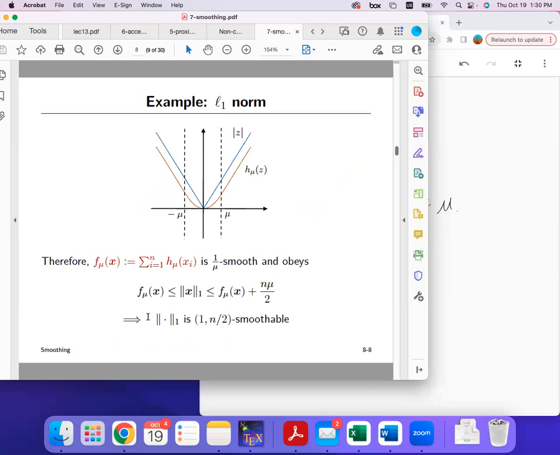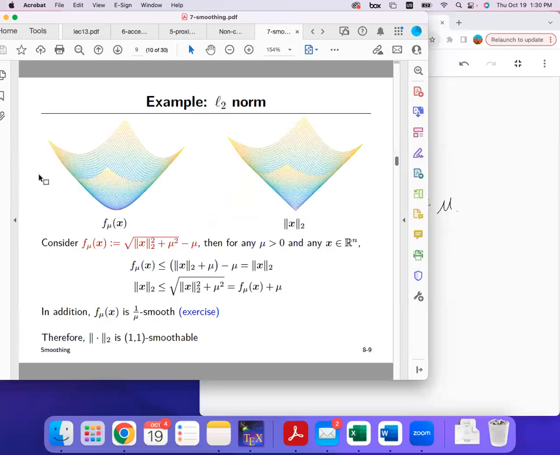But for the L1 norm, it's n over 2 smoothable. So it's very different: this beta scales with the dimension n. This means that it is relatively hard to smooth a high-dimensional L1 norm function.